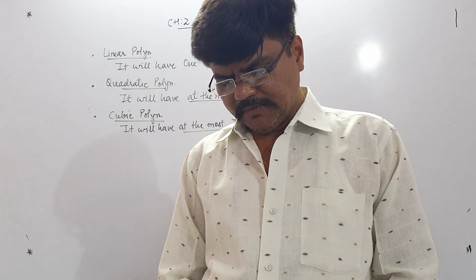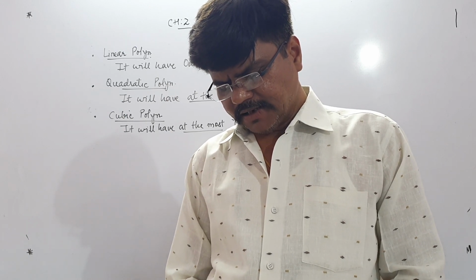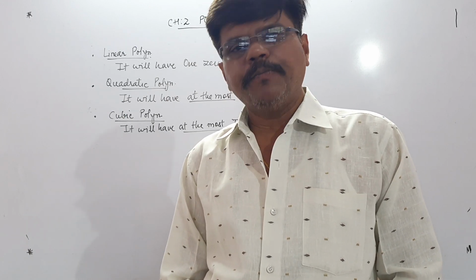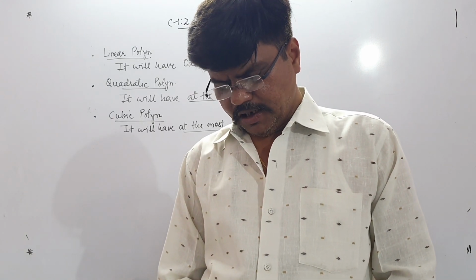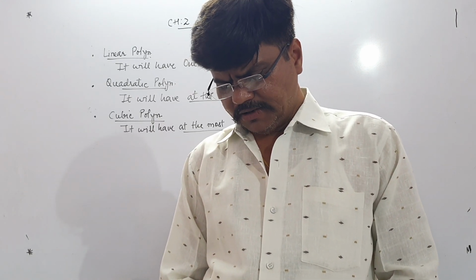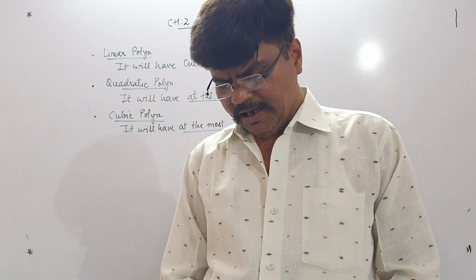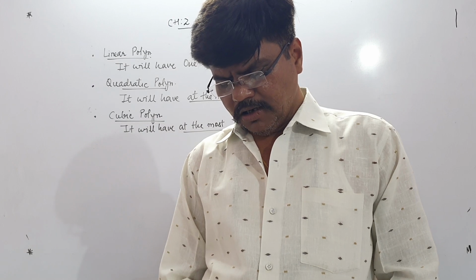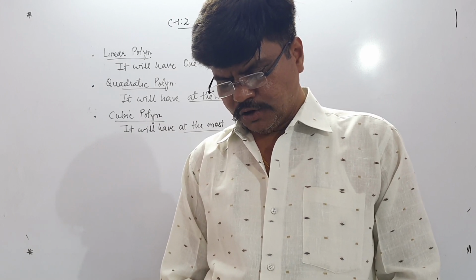So in the first sum it is a quadratic polynomial. Second one, x minus x cube. It is a cubic polynomial. Third one, y plus y square plus 4. You have the term with y where the highest power is 2. So the degree of the given polynomial is 2.